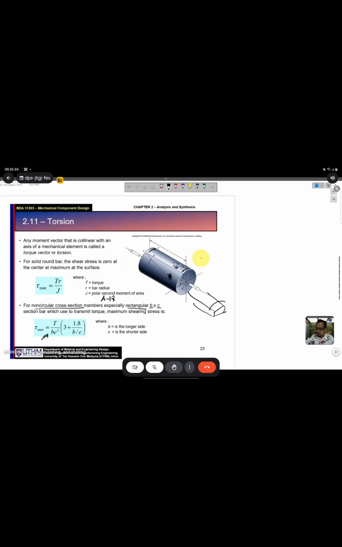So this is your B, this is your C. Just use these values inside this equation to get the value of tau max.